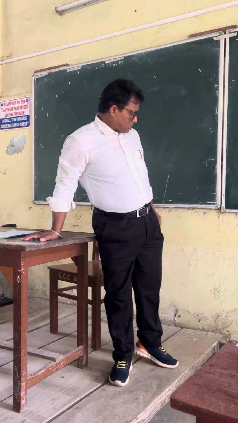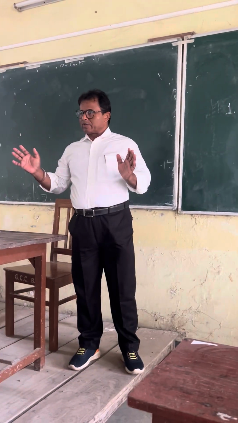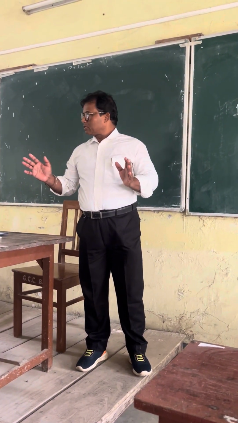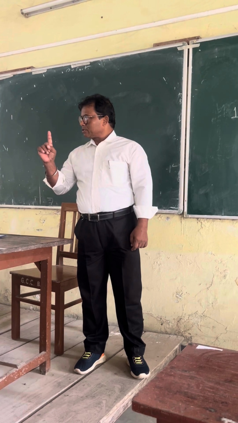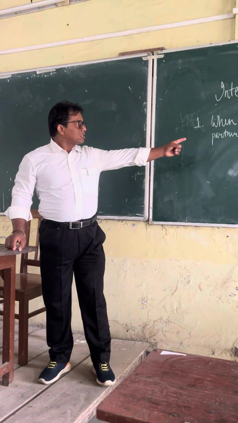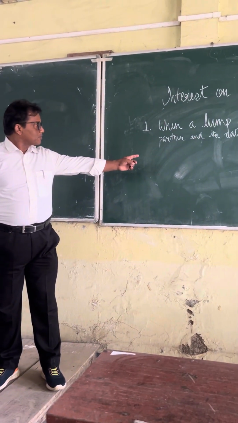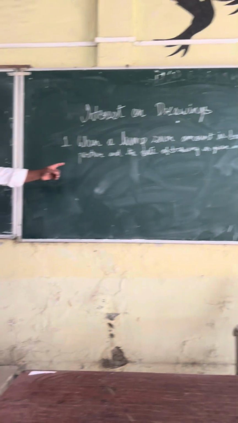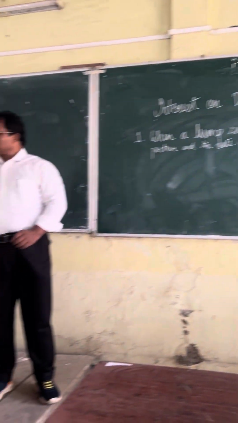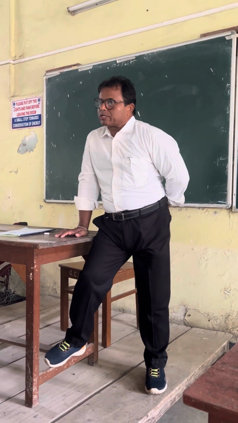Then when a lump sum amount is taken at a time, not every month, one amount for the whole year, I am going to explain that now. When a lump sum amount is drawn during the year, and the date of drawing is given, suppose the amount is drawn on 1st October.